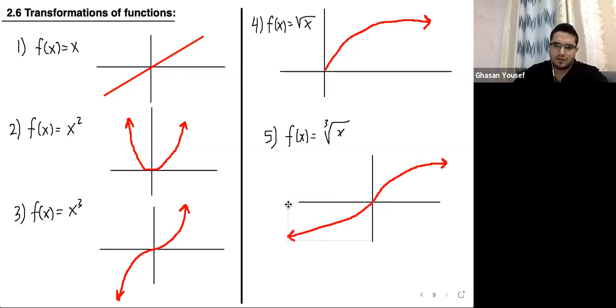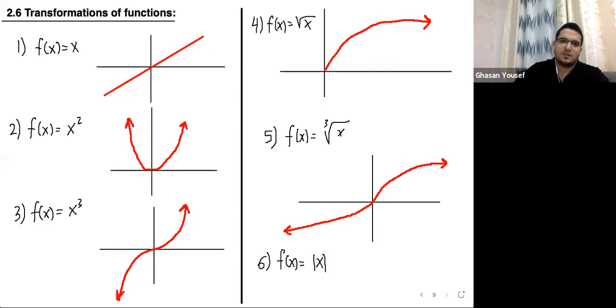This side is supposed to be something like this. Number 6. We should also know the graph of the absolute value function, f of x equals the absolute value of x. The graph of this function looks like this.